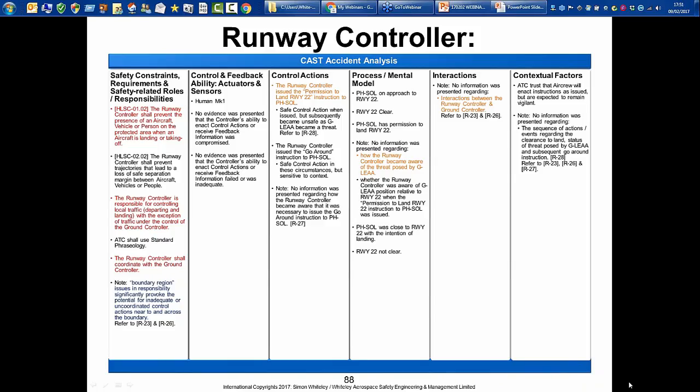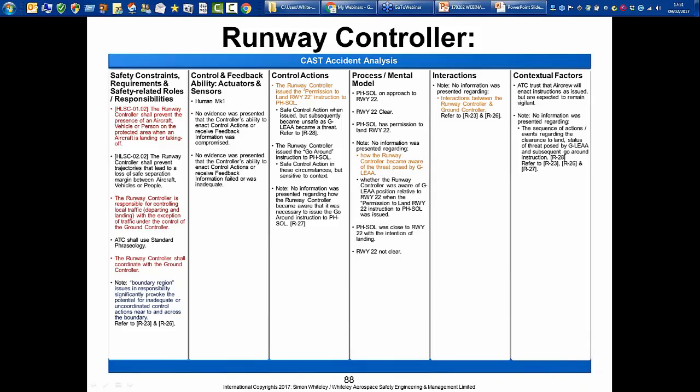Okay. So the runway controller. So the control actions from the runway controller. So the runway controller issued the permission to land runway 22 to P8 Sol. So in principle, that's a safe control action because they wouldn't have issued it if it wasn't safe to do so. But subsequently, that control action could have become unsafe as G-Lear became a threat.